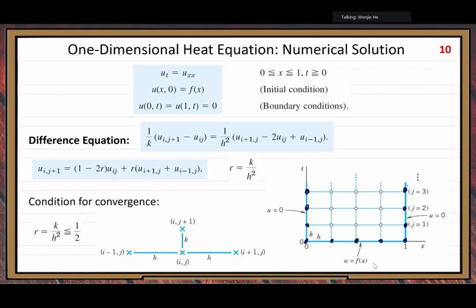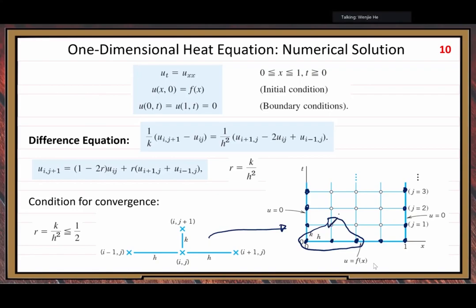Now we do calculation. We apply this stencil on these 4 points. Among these 4 points, 3 are known values and 1 is unknown. Can we find the only unknown value?